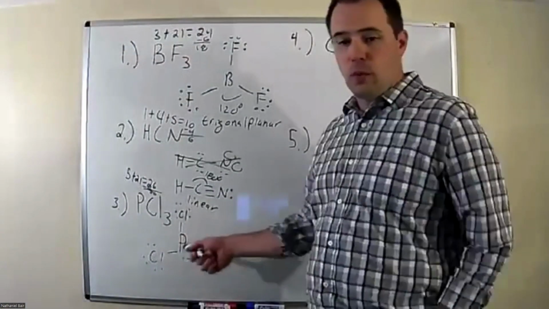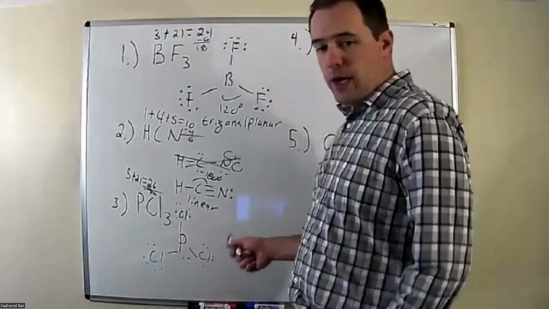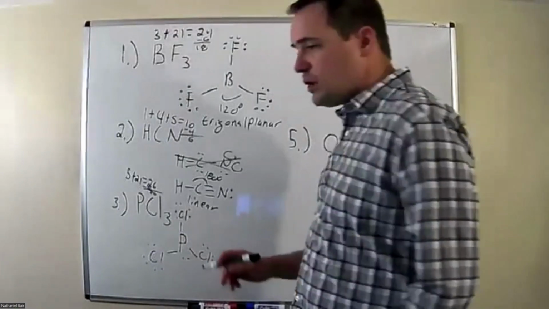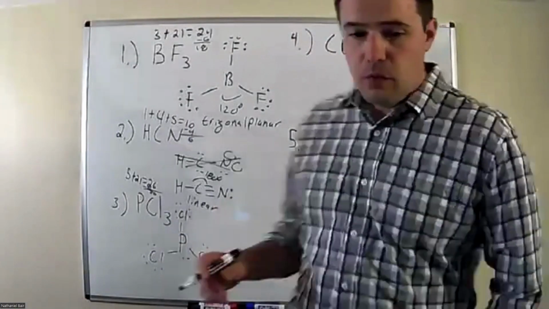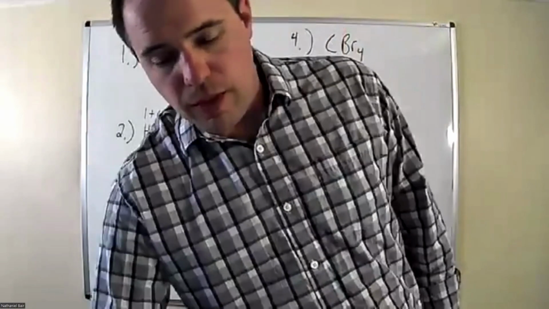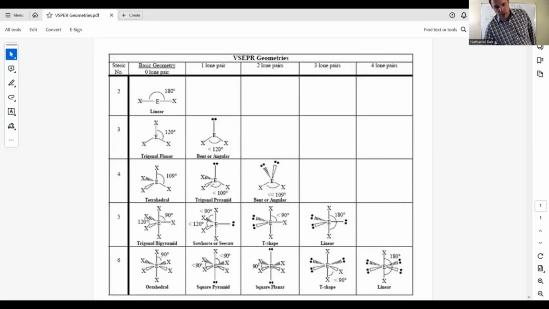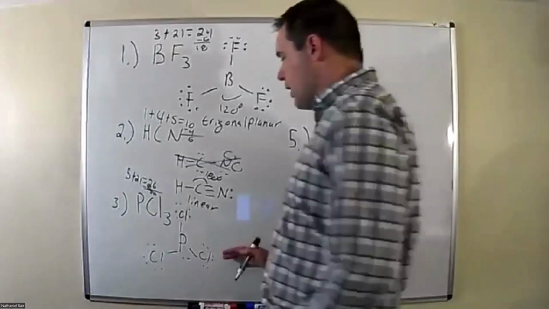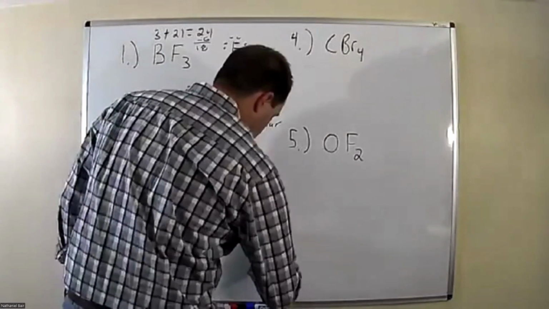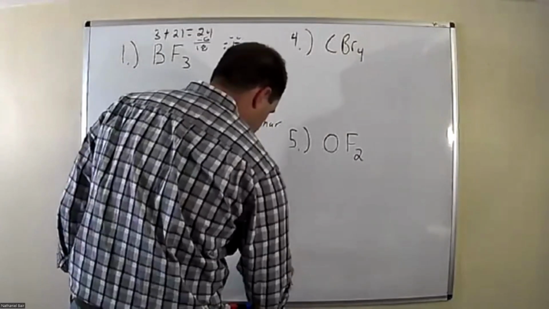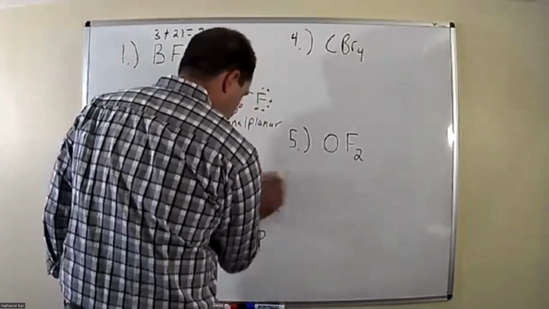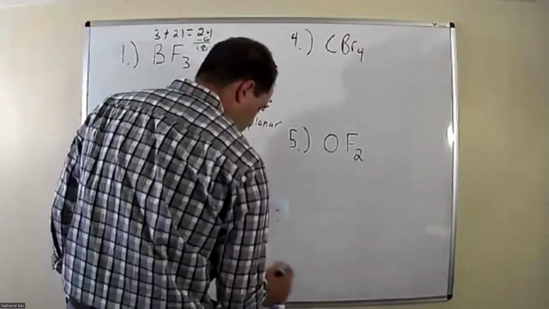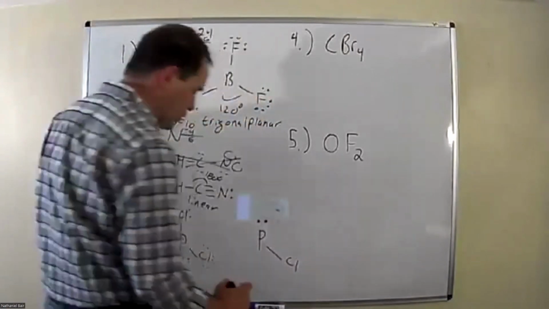This is domain 4, 1 lone pair. So domain 4, 1 lone pair is a trigonal pyramid, right? If we take a look at our VSEPR sheet, domain 4, 1 lone pair, trigonal pyramid. So how do we draw that? Well, this is going to require wedges and dashes. For trigonal pyramid, we like to put the lone pair in the plane with one of the bonding groups.